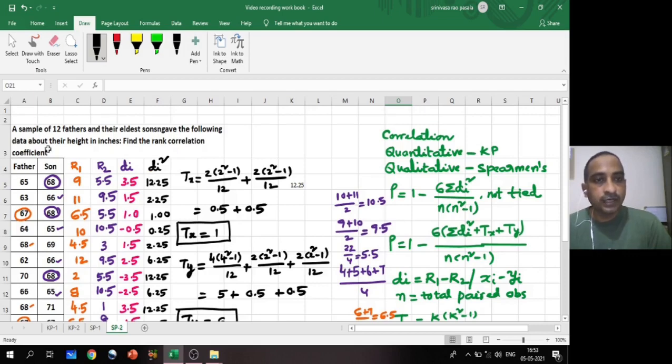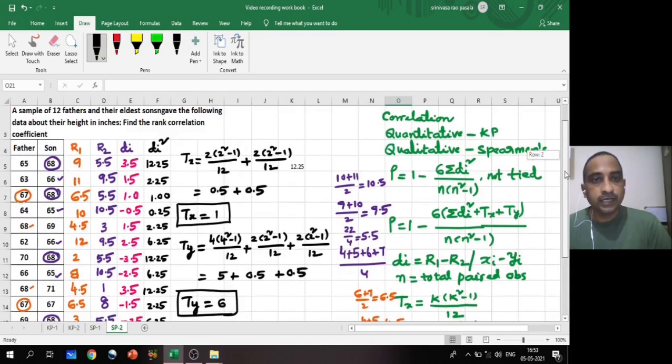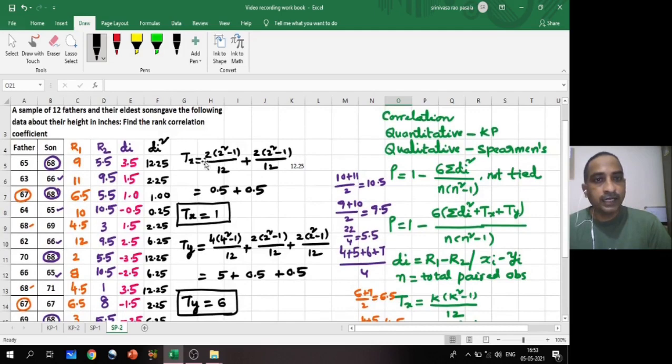So we took one example. You know how we assign the ranks to each value in the variable, and calculate di, the differences between the ranks, di square, and the tx and ty values. When the ranks are repeated, there is a reduction factor which must be calculated, right?